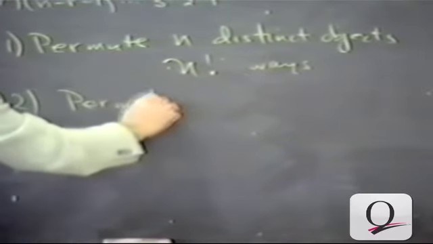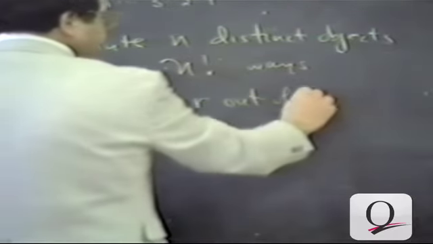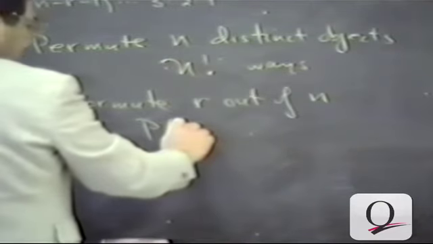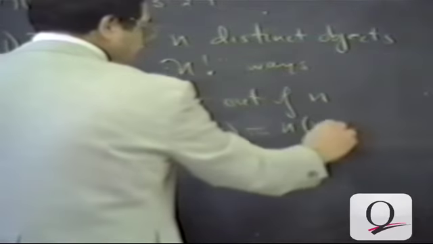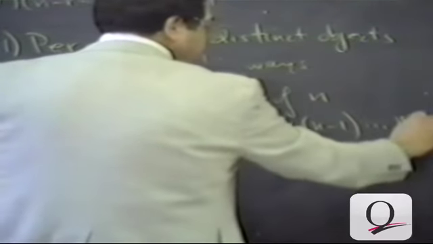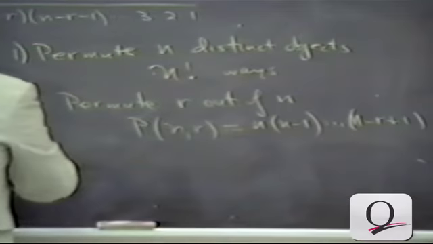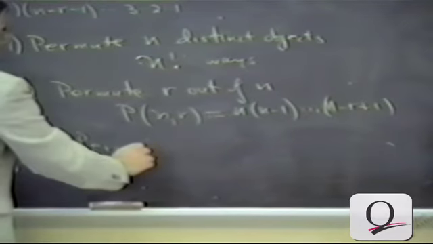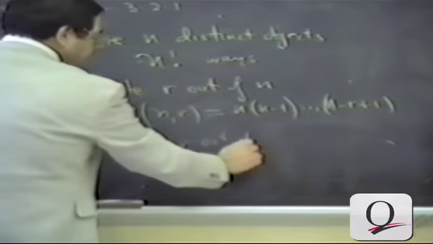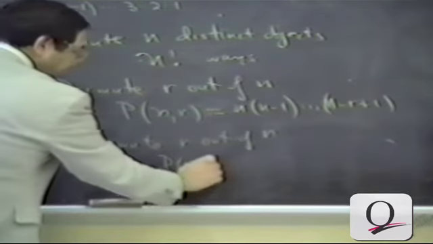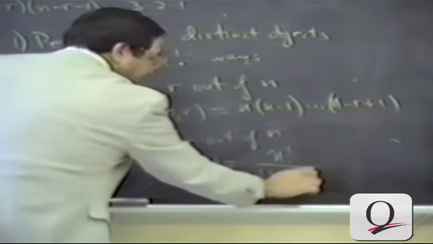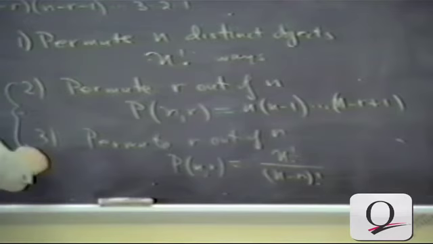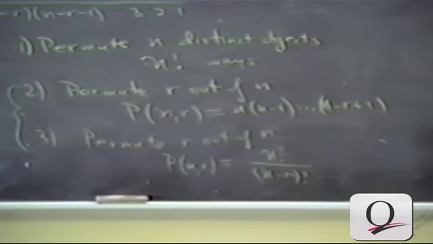Permute r out of n, PNR, and an alternate, permute r out of n, and these two are really the same, it's just a different formulation of it. And we'll stop this lesson here.